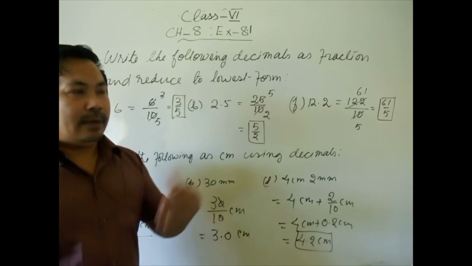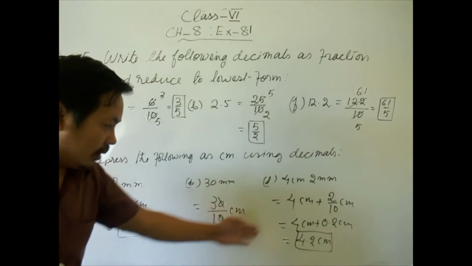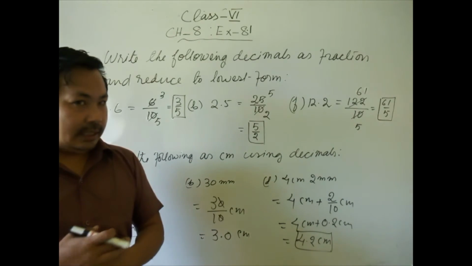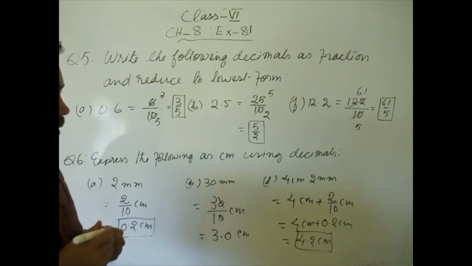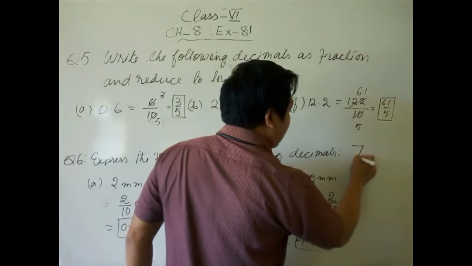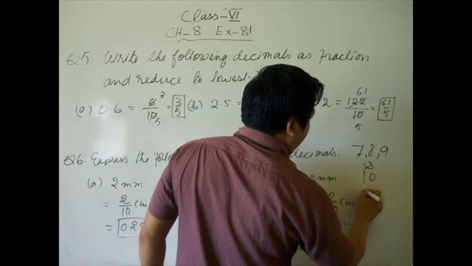Some you have to do on the number line, some are for working on the number lines only, and some are based on this and this only. Clear? Question number 10 is specific. Okay, so try question number 7, 8, 9, and 10 as homework.